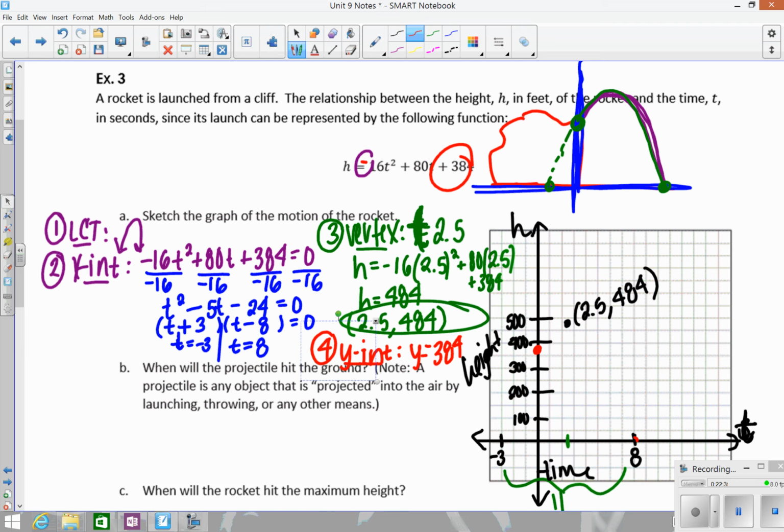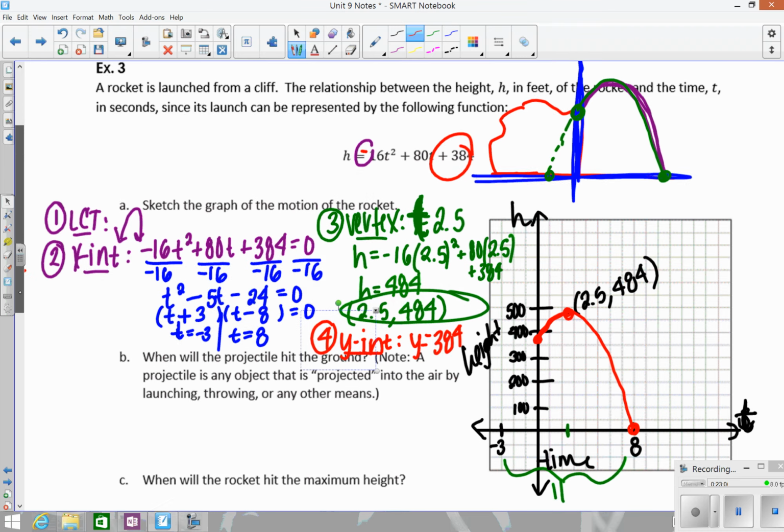And again, I'm not plotting that negative 3, because remember this rocket's going to start at the top of this cliff, which is the y-intercept. It's going to go up to the maximum height, and then it's going to come down and stop at the x-intercept.